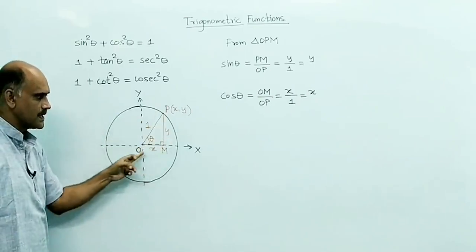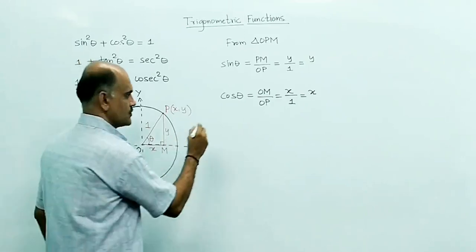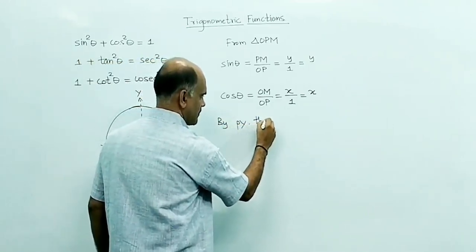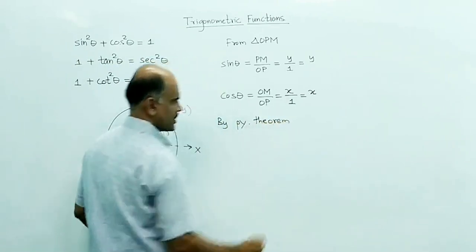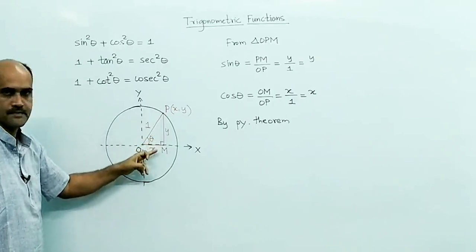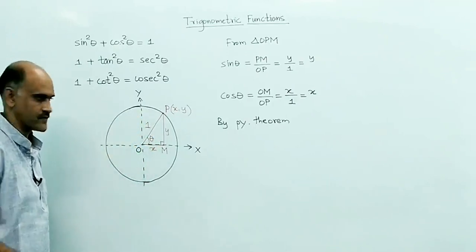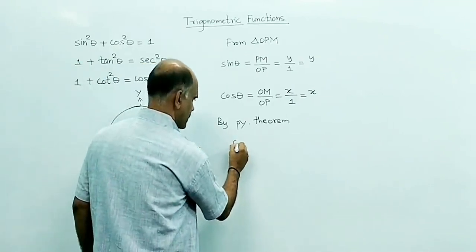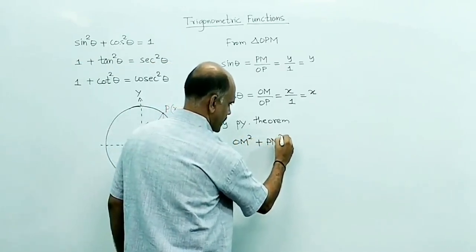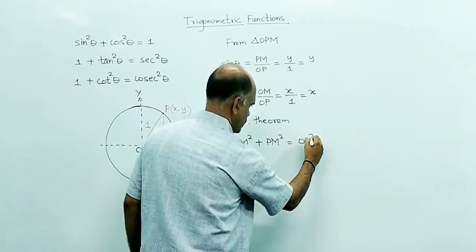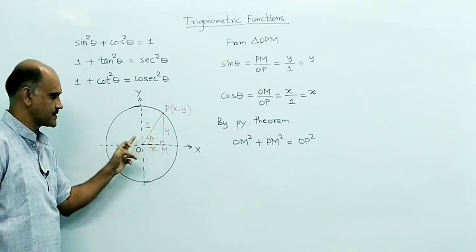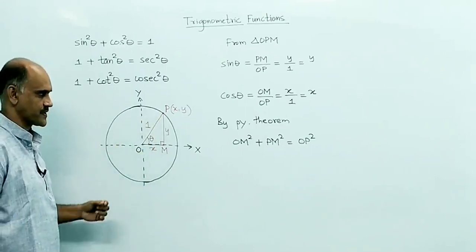Now if you apply the Pythagoras theorem, you will have OM square plus PM square is equal to OP square.